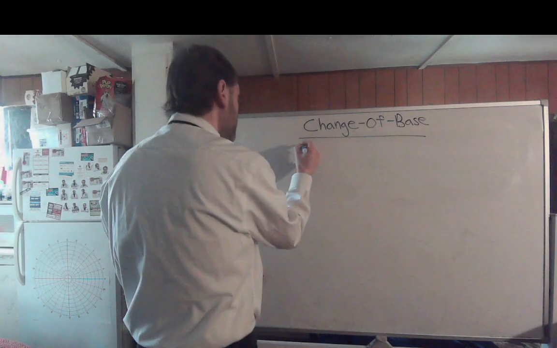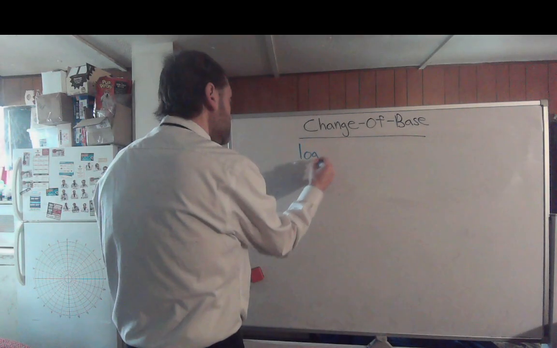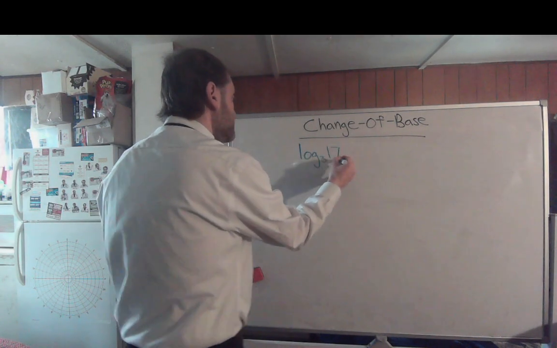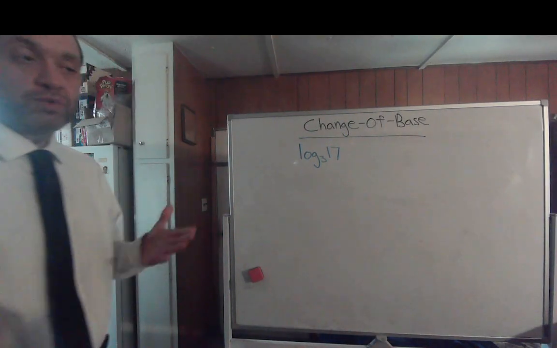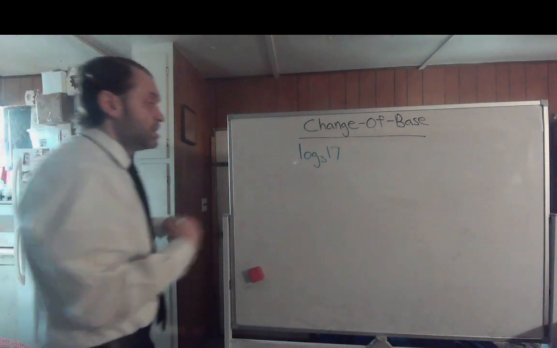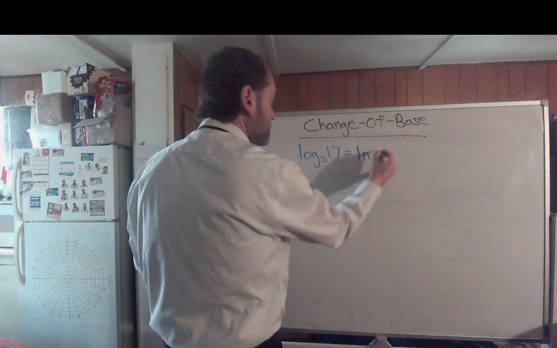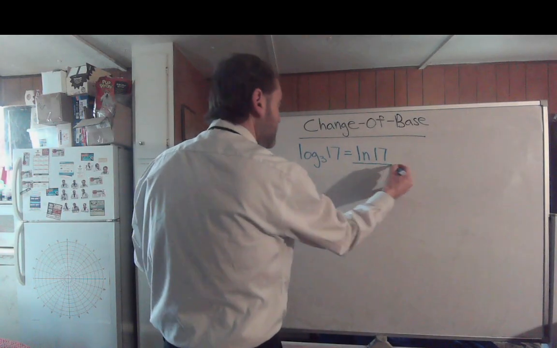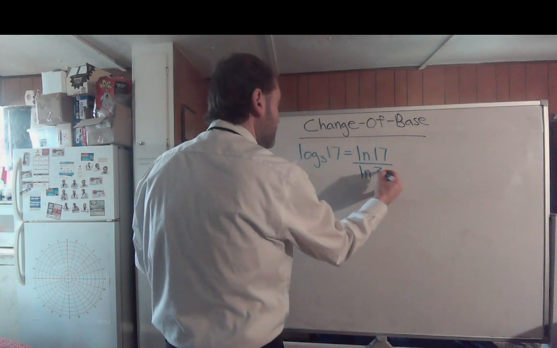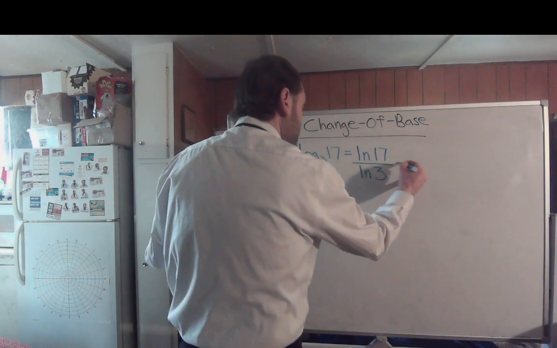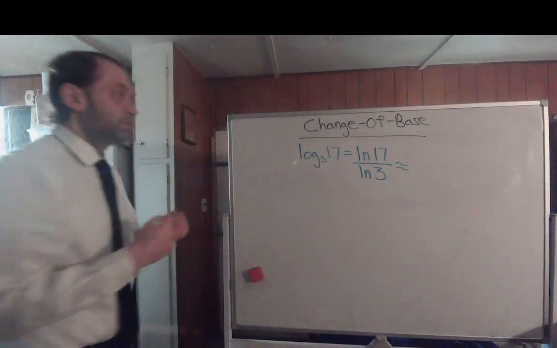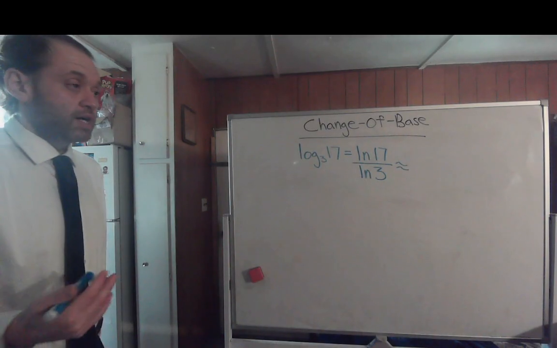All right, so we have log base 3 of 17. So log base 3 of 17. Well, this is equal to, of course, let's use the natural log. So the natural log of 17 divided by the natural log of 3. And then we can find ourselves an approximation here.